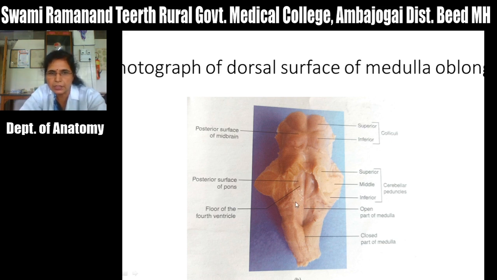The posterior surface of the upper part forms the floor of the fourth ventricle, and it is separated from the upper part of the floor of the fourth ventricle by a bundle of fibers called the stria medullaris. So this is the posterior aspect. This is the gracile tubercle, then the cuneate tubercle.